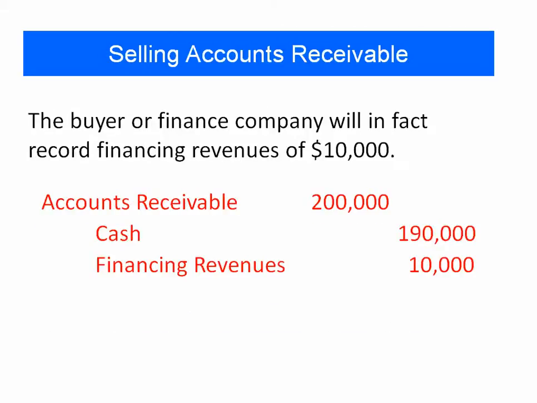The buyer or finance company will in fact record the financing revenues of $10,000. They will decrease their cash by $190,000, record an asset, accounts receivable, of $200,000, and the difference will be the financing revenues. Let's go ahead and take a look at some additional issues.